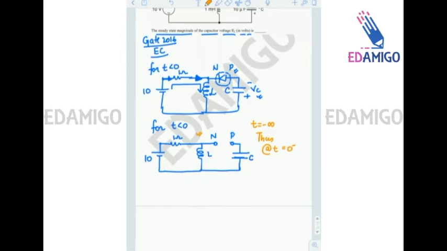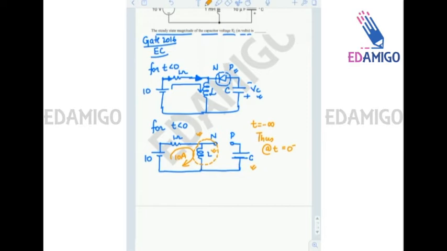So I can say that inductance was at steady state at t equals 0 minus and inductance was fully charged. Now since the fully charged inductance is a short circuit, we can say that at t equals 0 minus the current in the loop will be 10 amperes and this inductance is charged in the direction top to bottom by 10 amperes current. Okay, right?